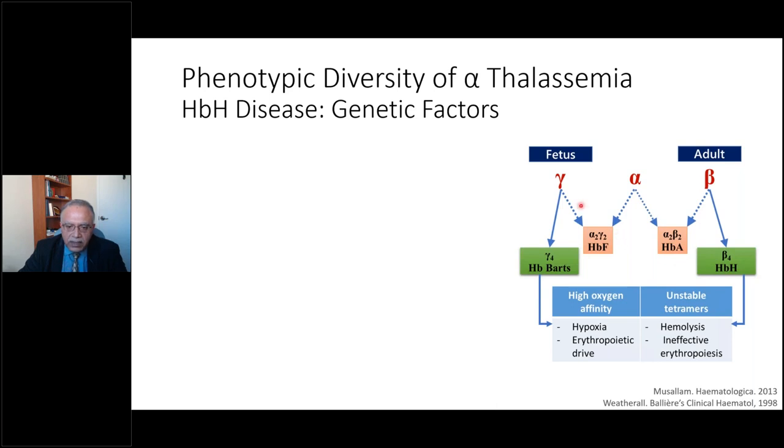After birth, gamma is replaced by beta, and now the excess of beta chains forms beta 4, which is hemoglobin H, giving the disease its name. Unfortunately, these hemoglobins do not participate in oxygen transport. This causes considerable hypoxia, erythropoietic drive, as well as hemolysis and ineffective erythropoiesis.